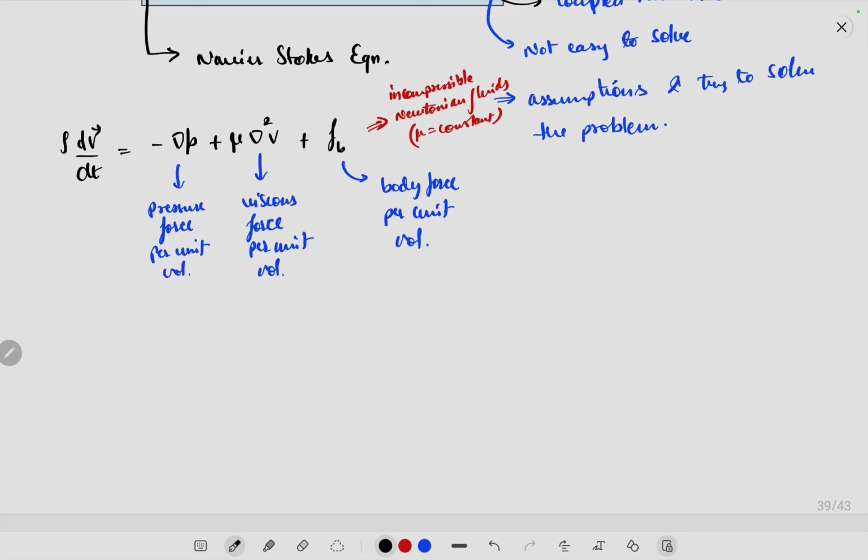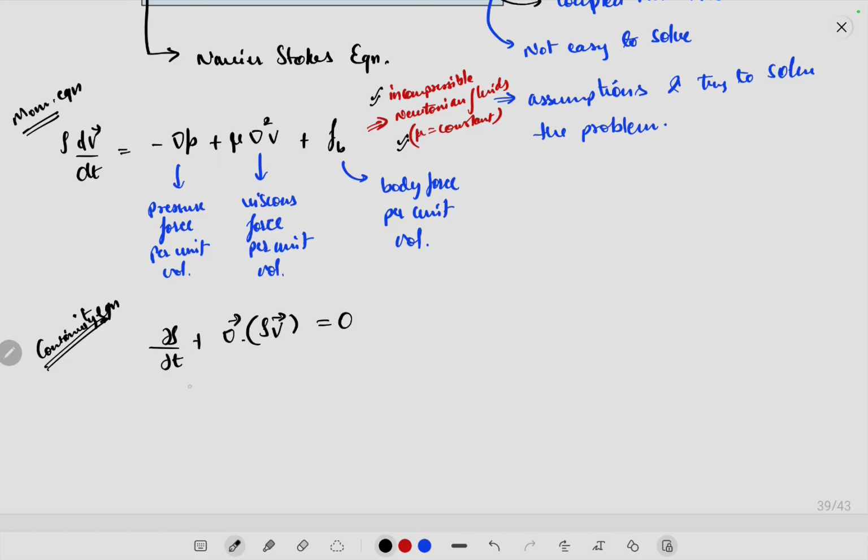So this is our momentum equation for an infinitesimal volume element, considering incompressible fluid and constant viscosity. And if you remember, using mass conservation we had the continuity equation, which gave us del rho by del t plus divergence of rho v equal to 0.